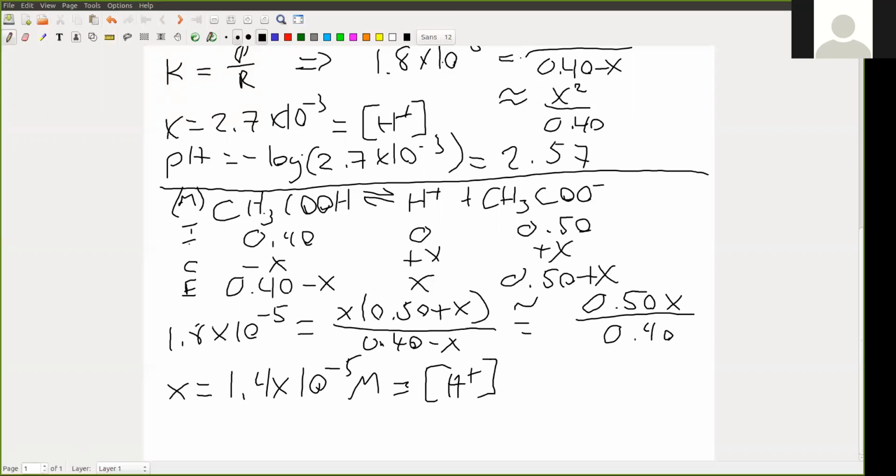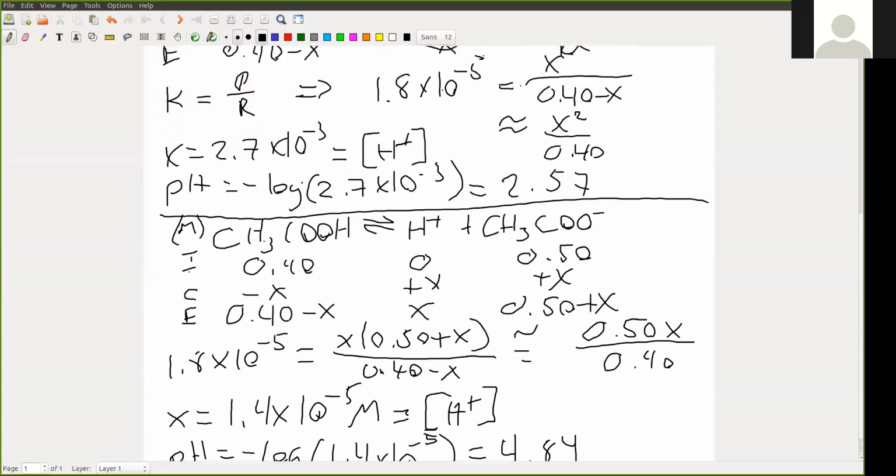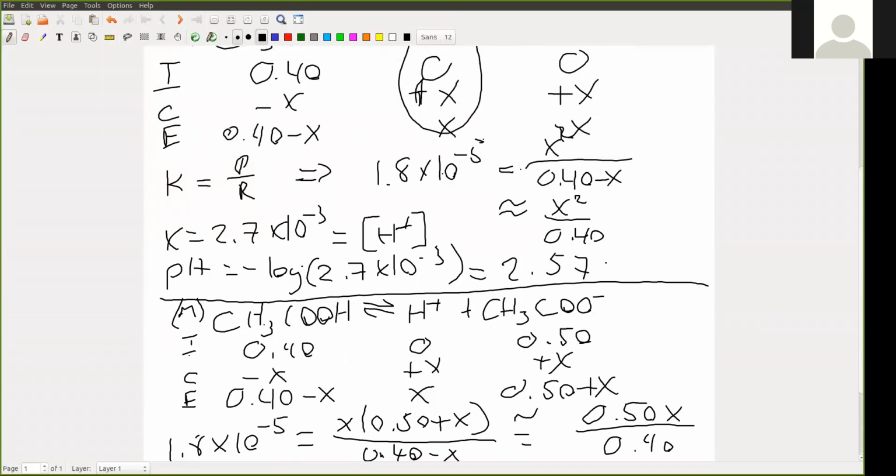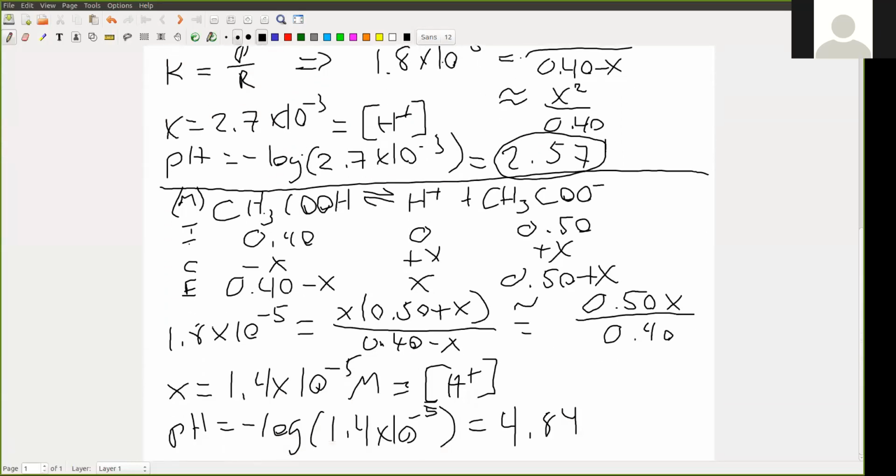To get the pH, we take the negative log of 1.4 times 10 to the minus 5, and you end up getting a pH of 4.84, which is really interesting. The pH became more basic. It went up. Note that our pH without the common ion was 2.57, and with the common ion it is 4.84.